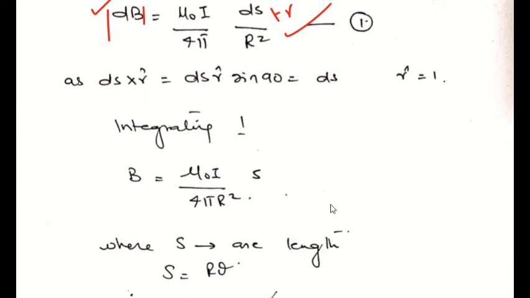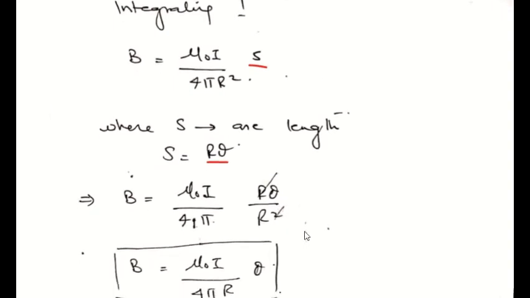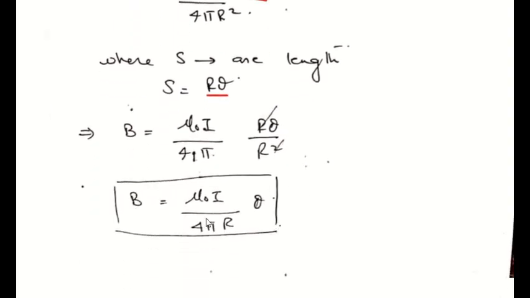Now integrating it, I get B equals to mu naught I over 4 pi r square, and after integrating ds, I can write this as s, where s is the arc length, and we know that arc length is equal to r theta. So putting in the value of arc length r theta and simplifying, I can find the magnetic field, that is mu naught I theta over 4 pi r.